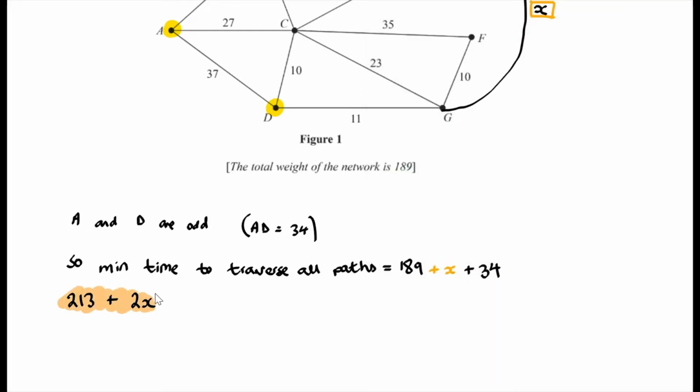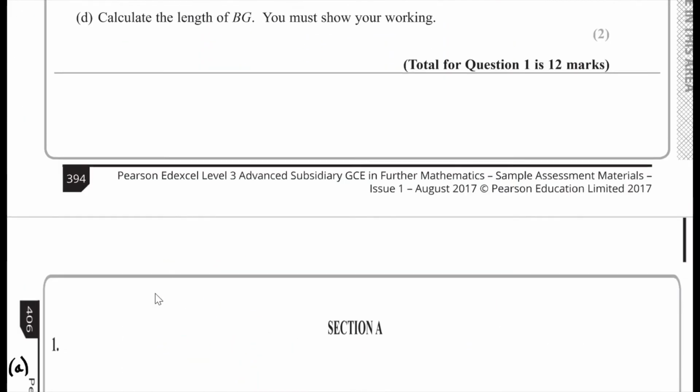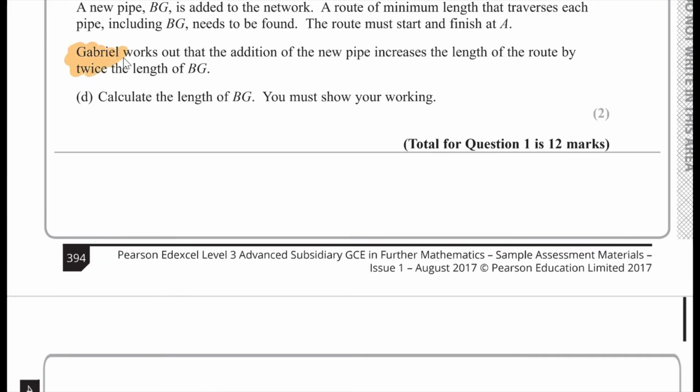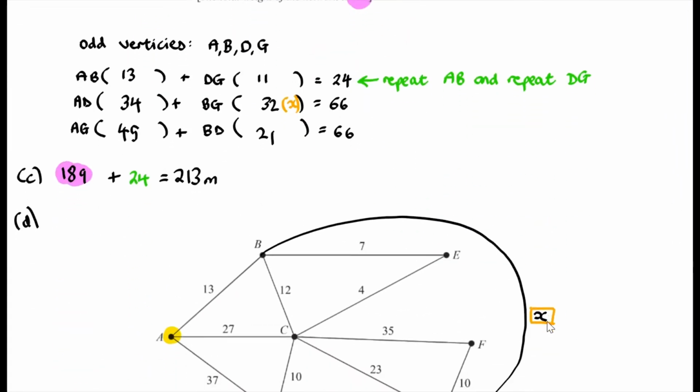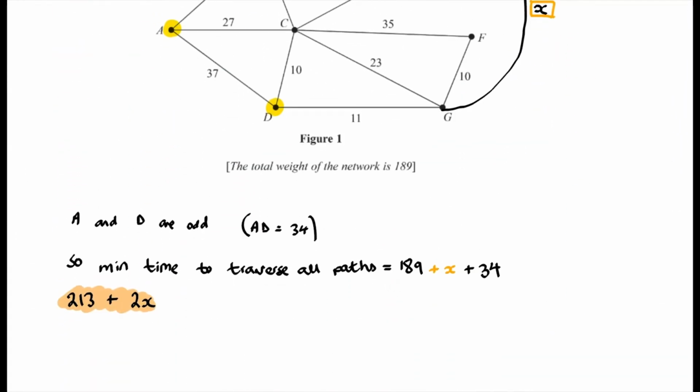This over here came from this statement over here, and we set this equal to this over here. So this is equal to 189 plus x plus 34. And therefore you'd find x to equal 10, of course. BG, that is equal to 10 meters.